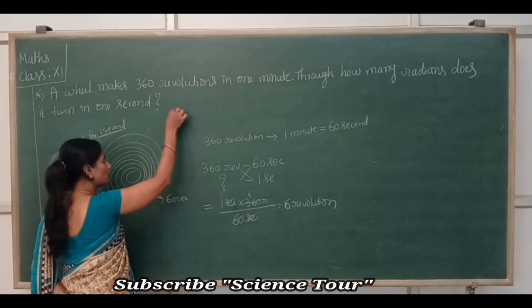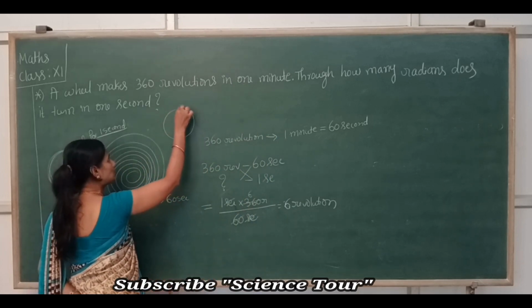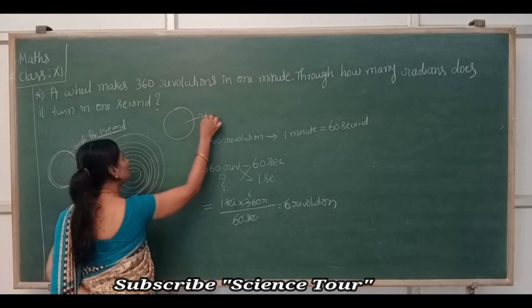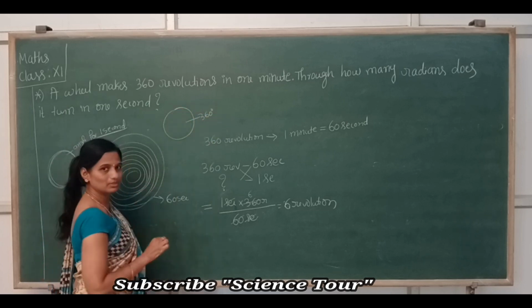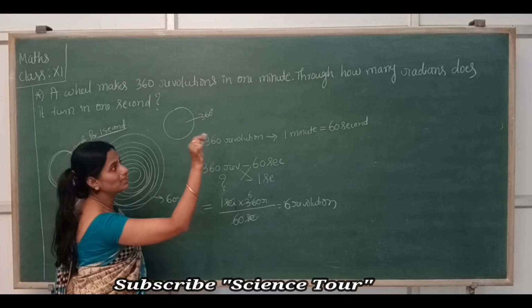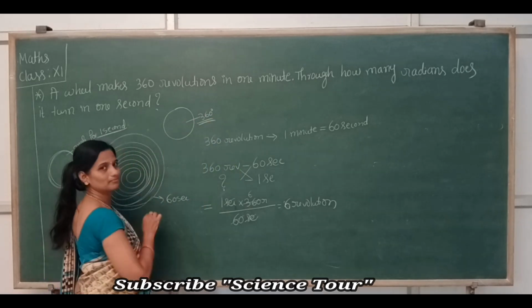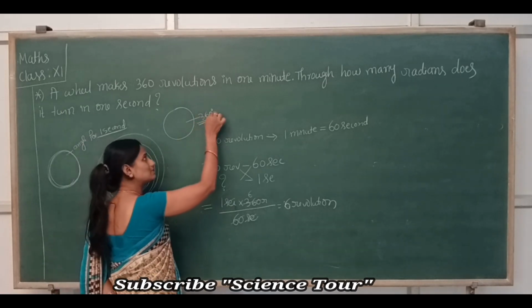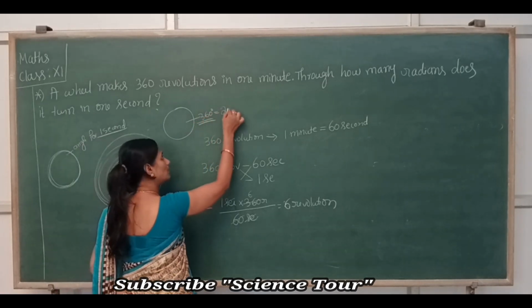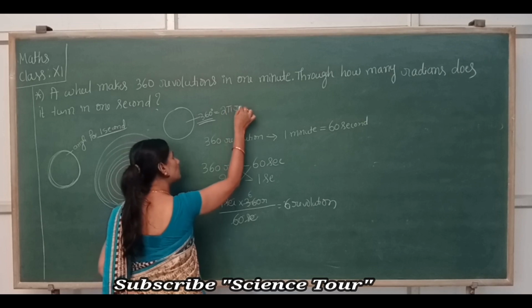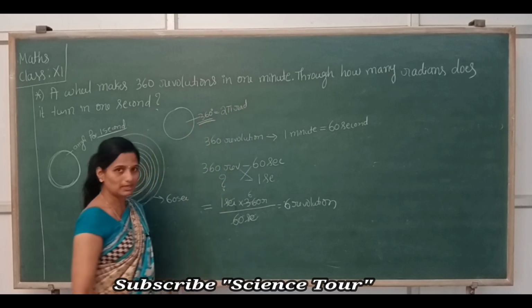Now for these 6 revolutions, what is the angle covered? Already you know for 1 rotation, the angle covered is 360 degrees. But I need how many radians? Means the angle we need in radians. So 360 degrees is equal to how many radians? Already you know it is 2 pi radians.